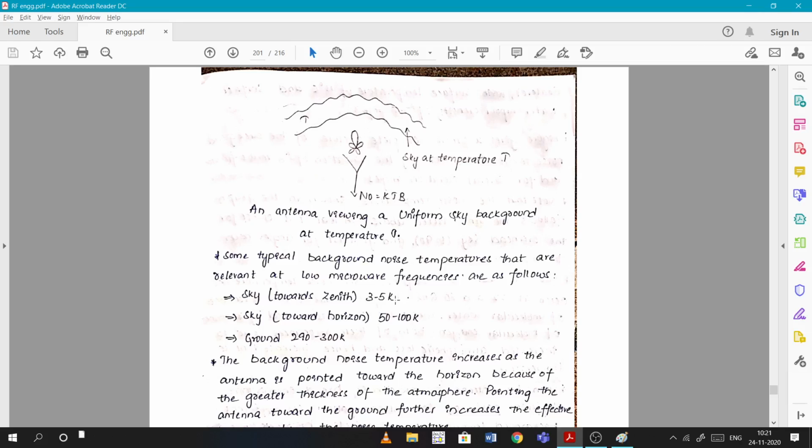The noise power is directly proportional to temperature, so the temperature is so low that the noise is also very low when you point to zenith.